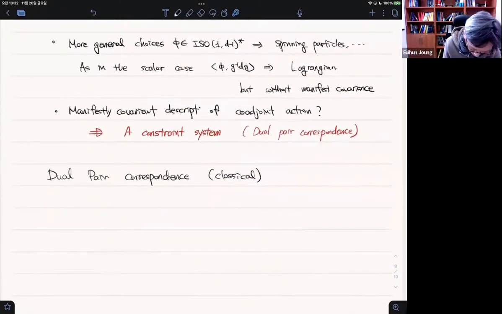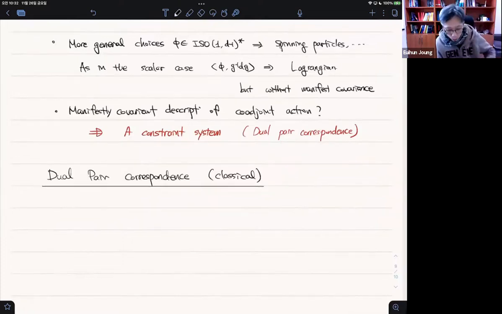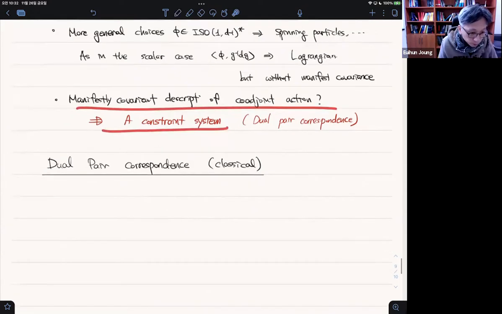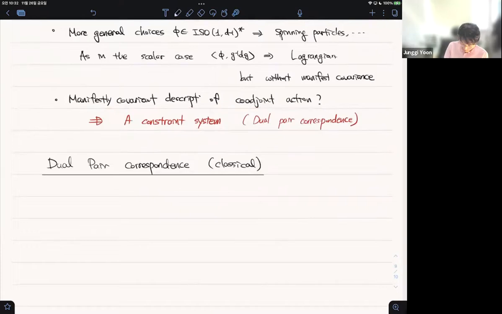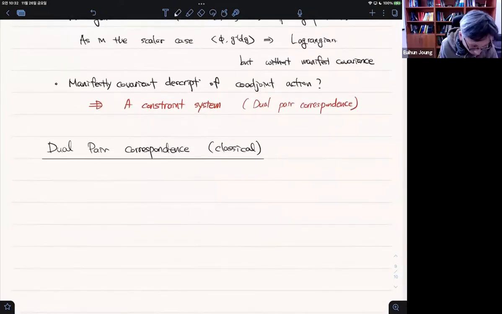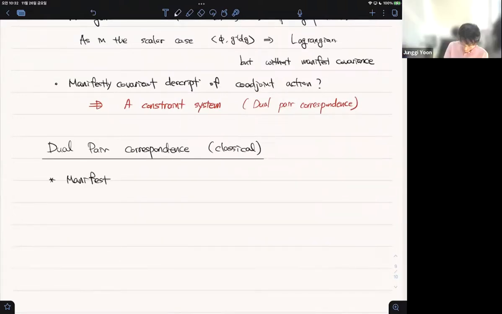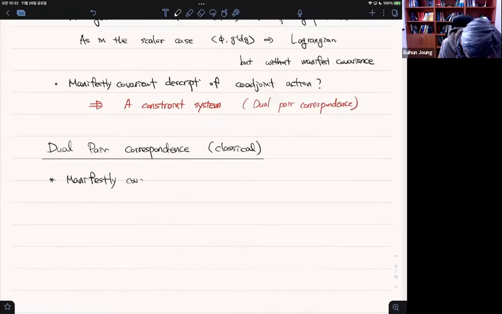So let's go to this dual pair correspondence. For the moment, it is a classical aspect, just as the answer to these questions. We need manifestly covariant descriptions of the coadjoint orbit actually.